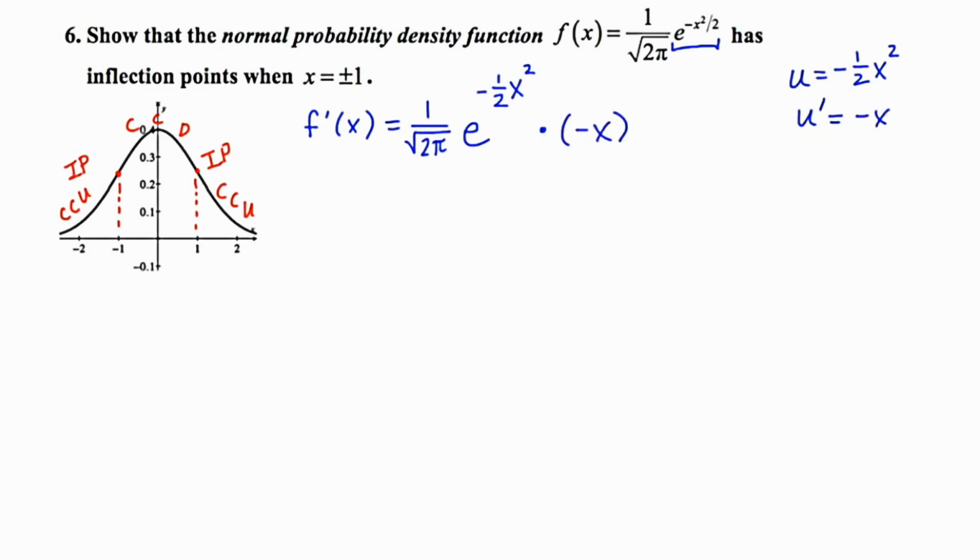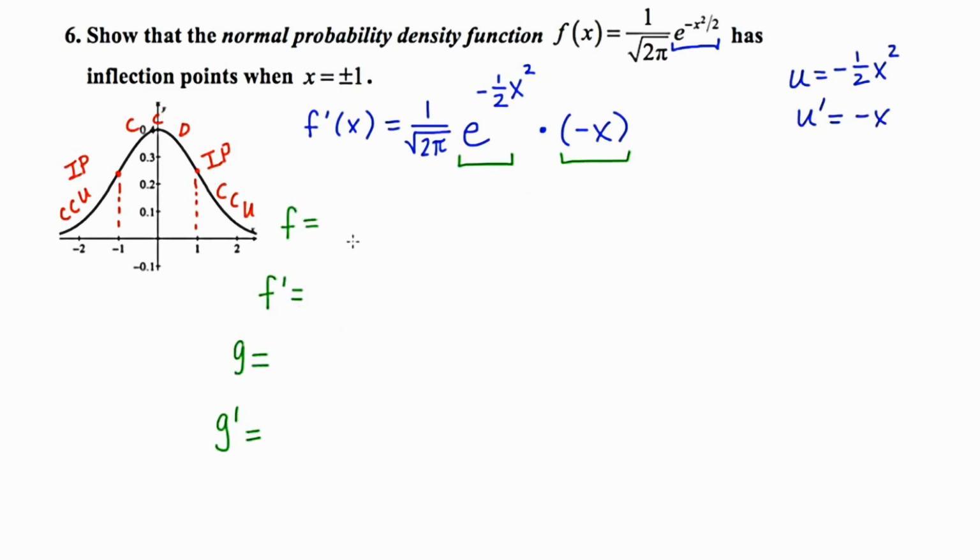And I'm not even going to clean it up. I'm going to leave it like this because I'm just going to go on to the second derivative anyway. But what I want to do now is delineate what I'm going to consider the first function and the second function, because I'm going to need to use the product rule. So I'm going to call this the first function, and I'm going to call this the second function. And I'm going to make my little organizational chart off to the side.